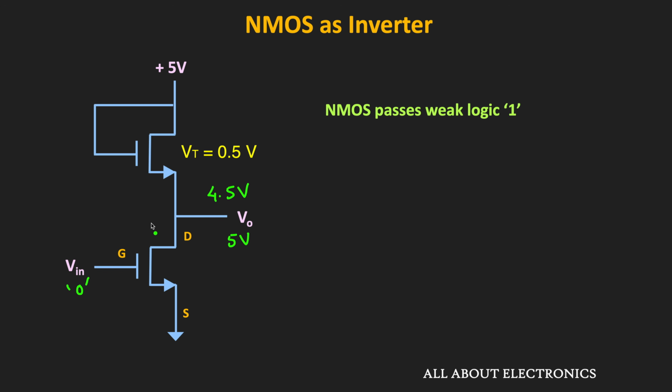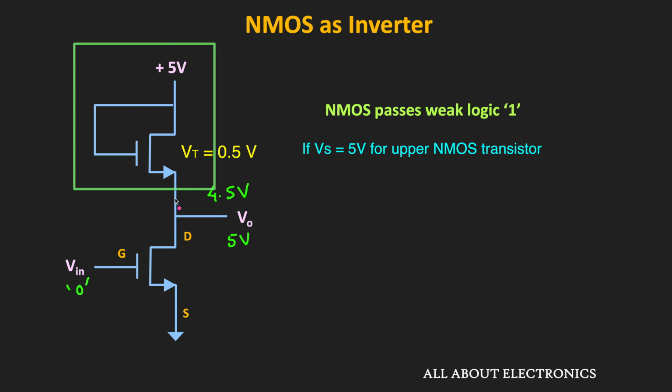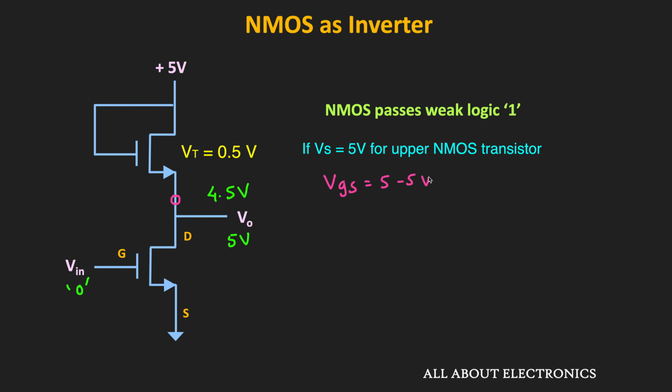Because here, if the output of the inverter goes to VDD, or in this case 5 volt, then the source terminal of this upper NMOS transistor will be at 5 volt. In this case, VGS is equal to 5 minus 5 volt, that is 0 volt.